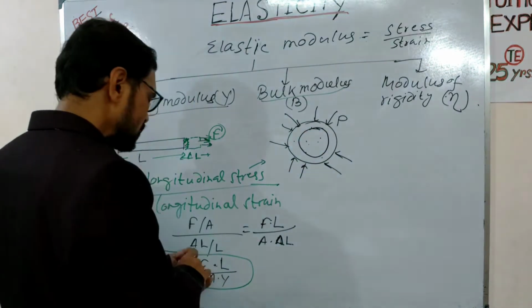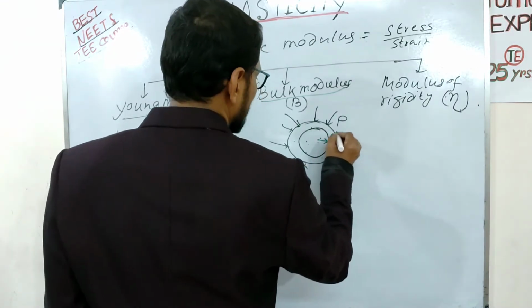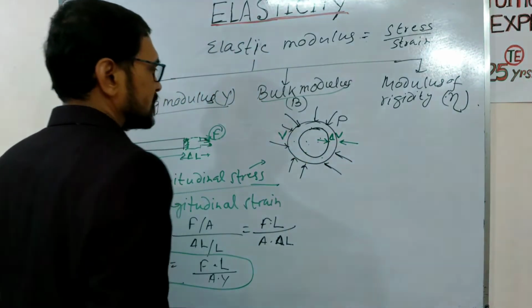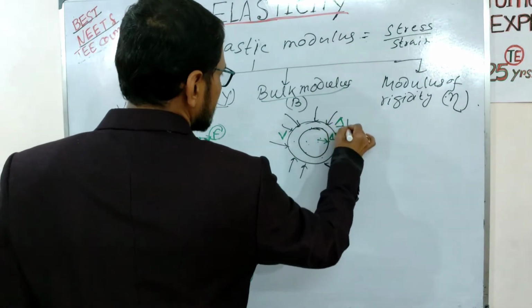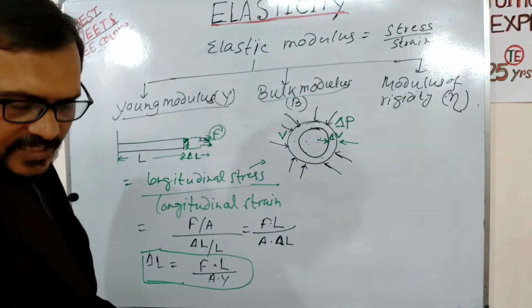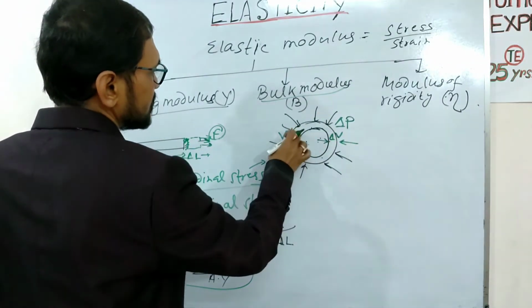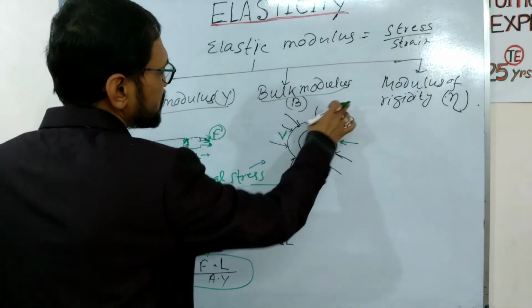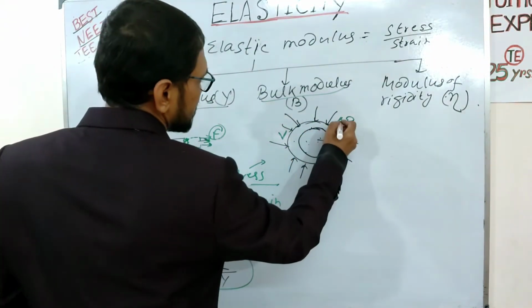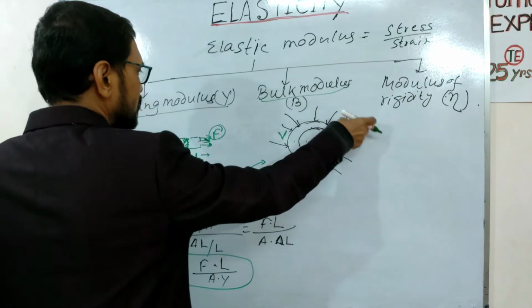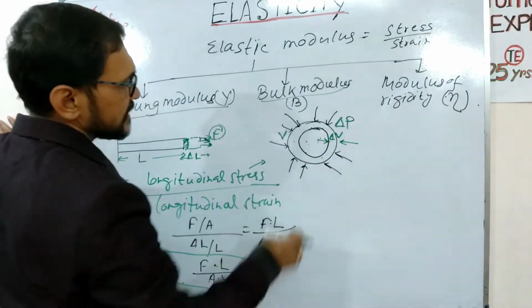Suppose the decrease in volume is del V and original volume is V. If the inside pressure and outside pressure are equal, then we cannot decrease the volume. But if an excess pressure acts on the ball, then the volume will be decreased.